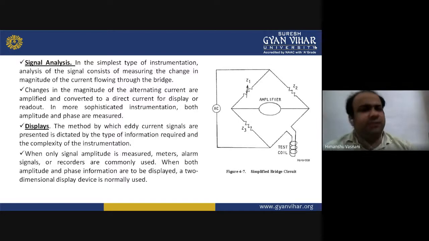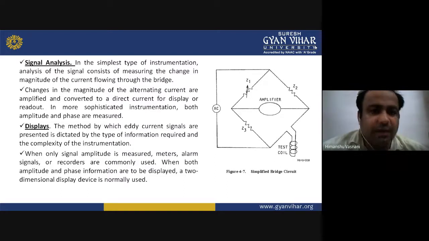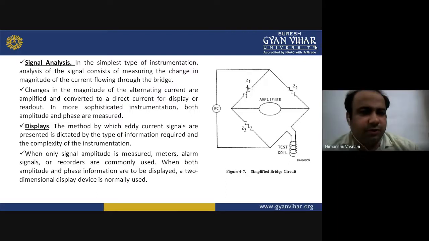Now, in the simplest type of instrumentation, the analysis of the signal consists of measuring the change in magnitude of the current flowing through the bridge. Changes in the magnitude of the alternating current are amplified and converted to a direct current for display or readout.